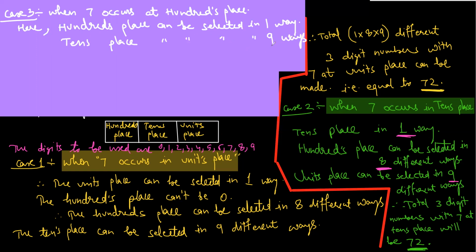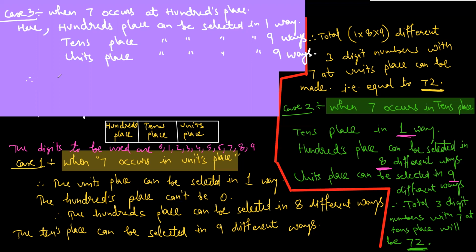Here, the tens place cannot be 7. Rest, it can be all. It can't just be 7. So that is 9 ways. And then you have units place. Units place can be selected in 9 ways. You got that.